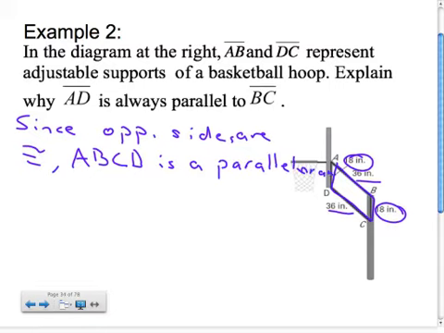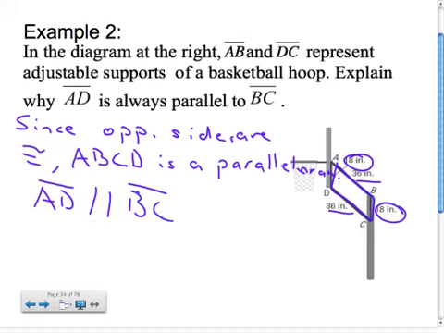All right, ran out of space there. But anyway, since the opposite sides are congruent, the figure is a parallelogram, and since the figure is a parallelogram, that means that your opposite sides, AD and BC, by definition, are parallel. Let me rewrite that. So again, AD is parallel to BC.